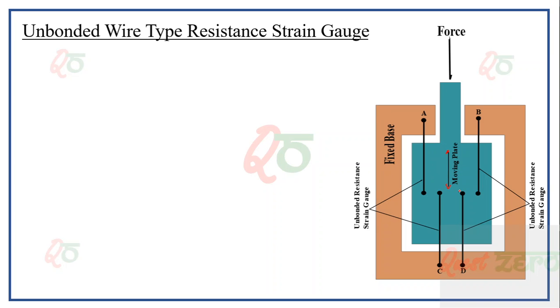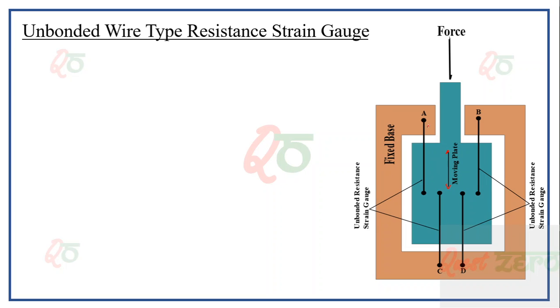When the force is applied, the moving plate will move. There are four wire resistance strain gauges, which are not bonded in form. This figure actually represents the top view of the unbonded resistance strain gauges.